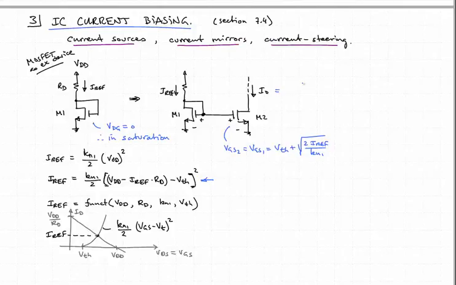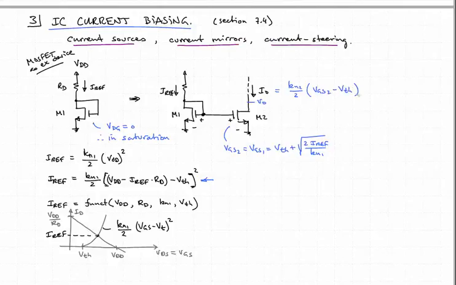So let's evaluate this. I0, assuming that we're in saturation, so that means that this voltage VO here would have to be greater than the gate voltage minus the threshold voltage, VG minus V threshold. The current I0 will be equal to Kn2 over 2 times VGS2 minus V threshold.